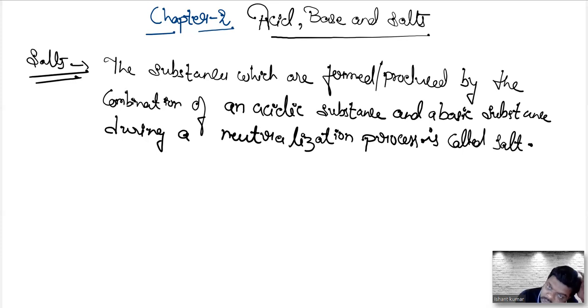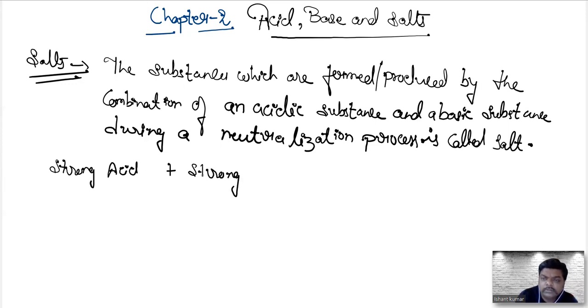If H plus ion is present in a salt, then it is an acidic salt. Or the other definition was that when a strong acid combines with a strong base, then a neutral salt is obtained.